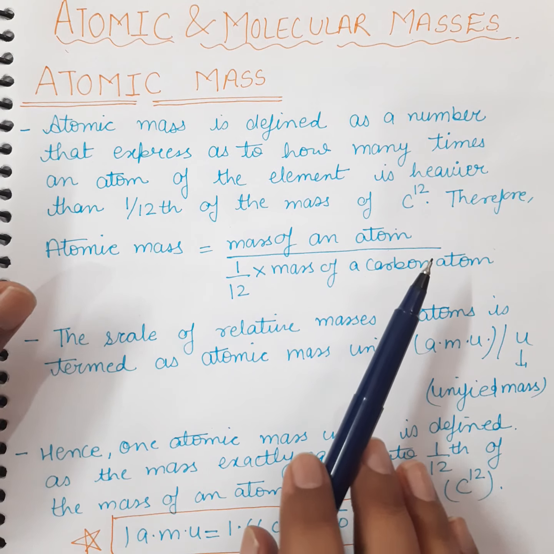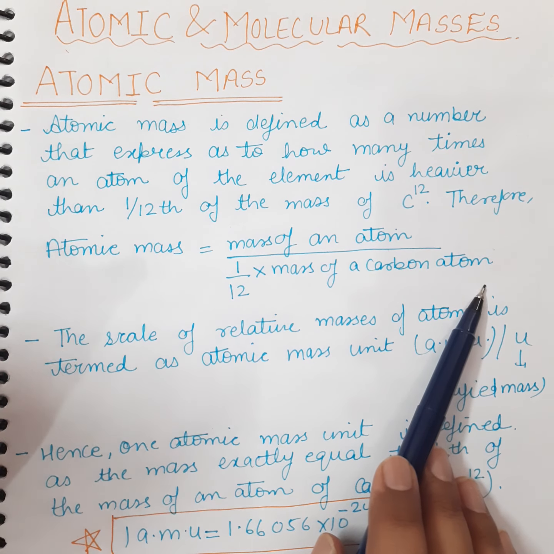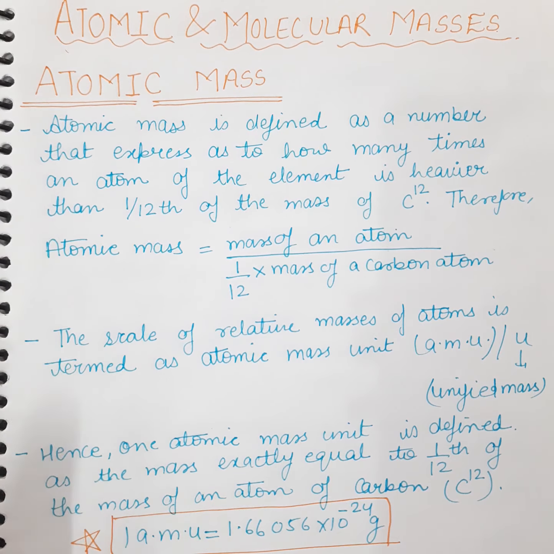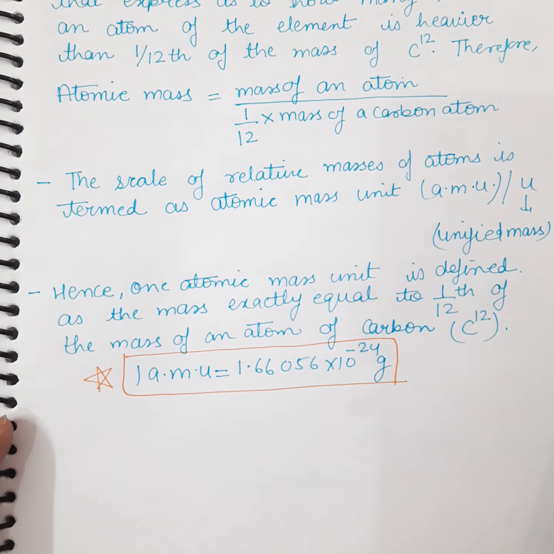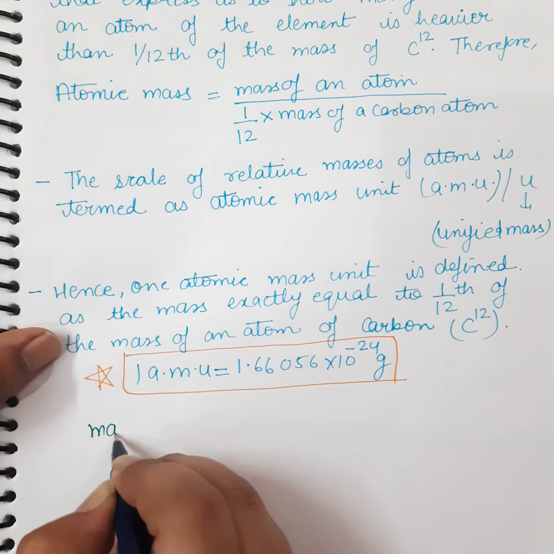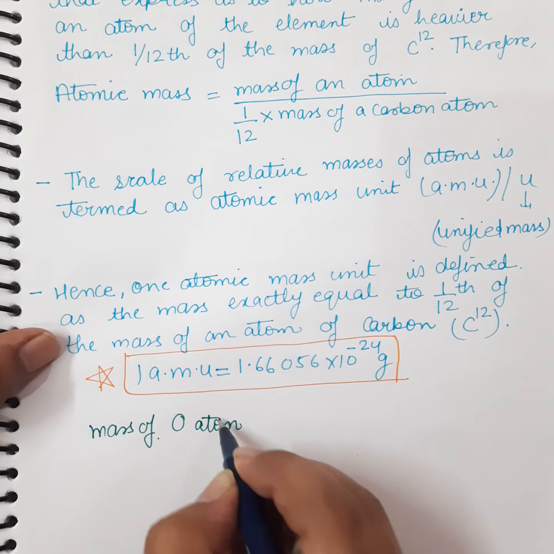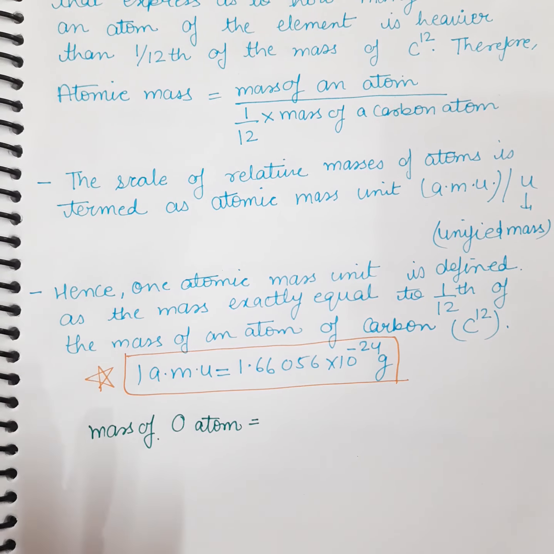So this is basically known as AMU, atomic mass unit. I will tell you later how to calculate this, students. Just take a look over here: I have to calculate the mass of a single oxygen atom. Now what do I have to write?